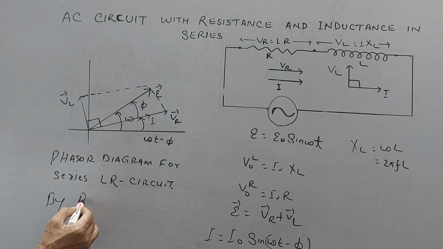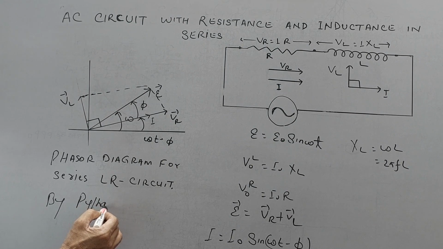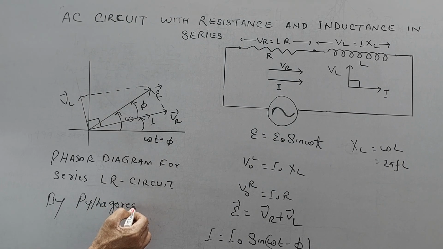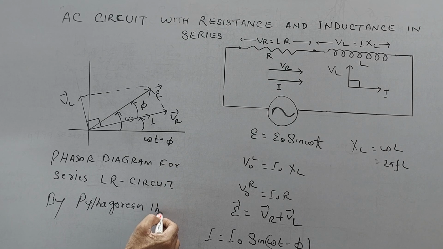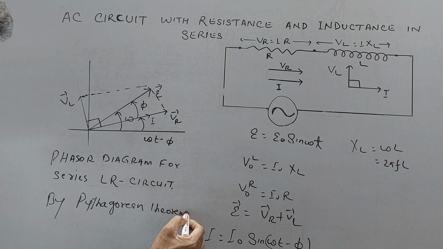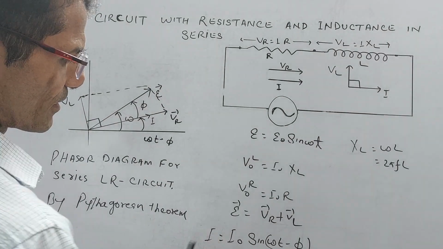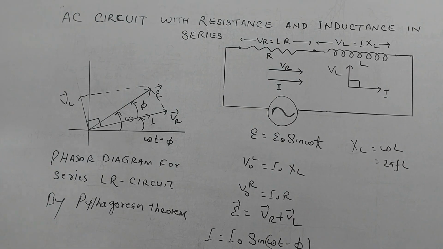By the Pythagorean theorem, we can find out the value of the resultant E with the help of the vector addition.